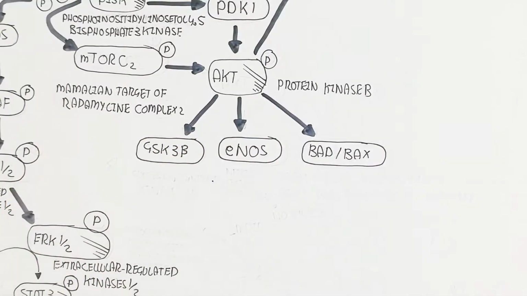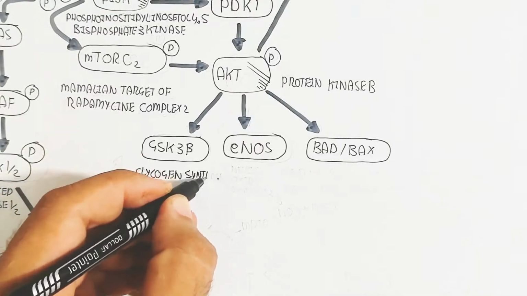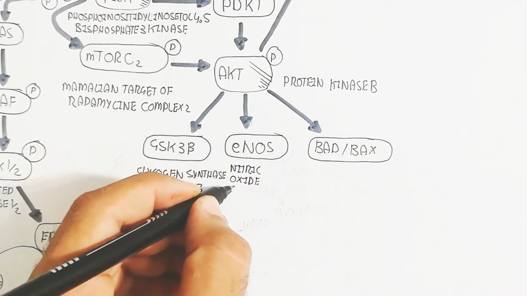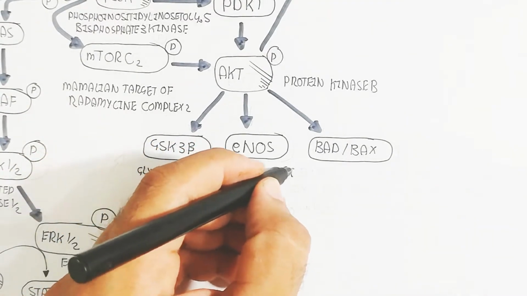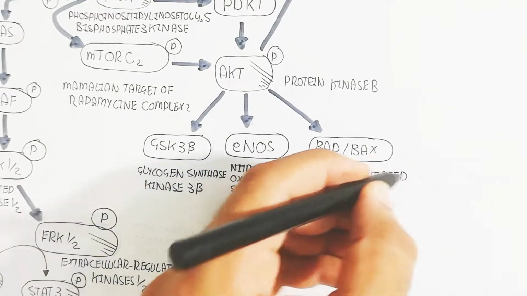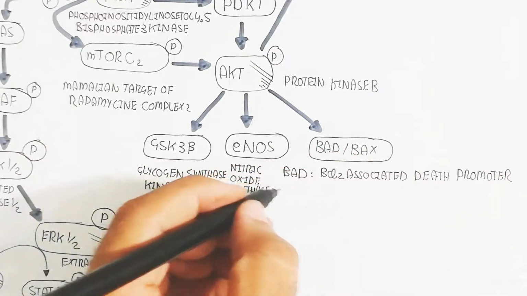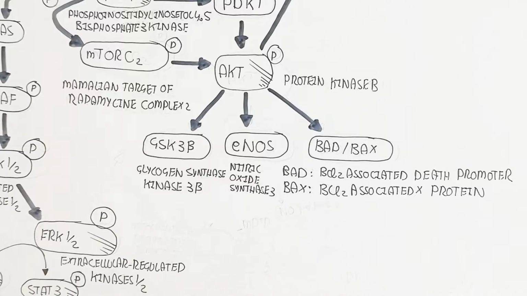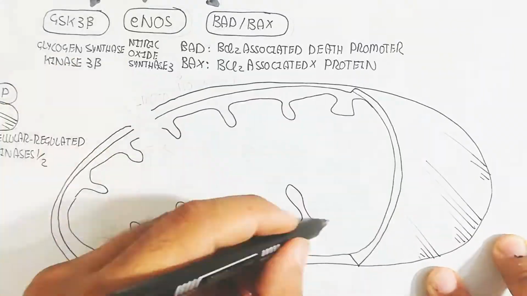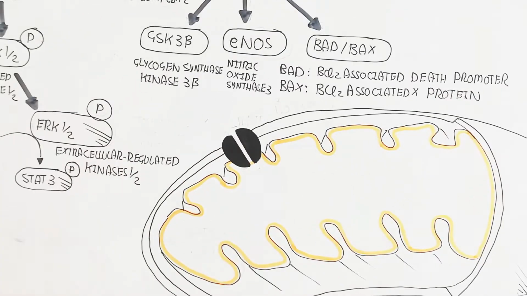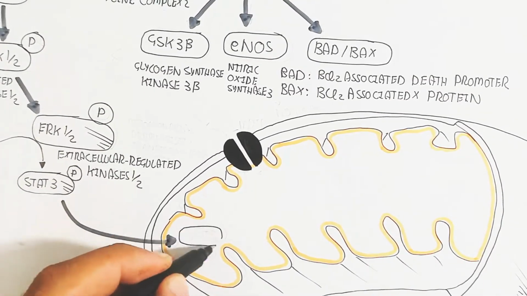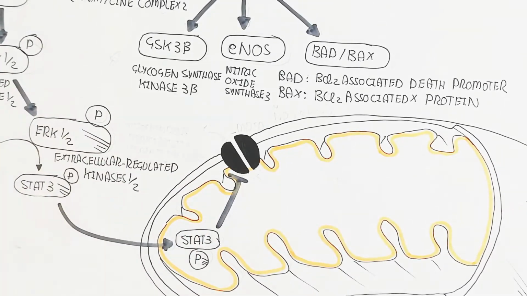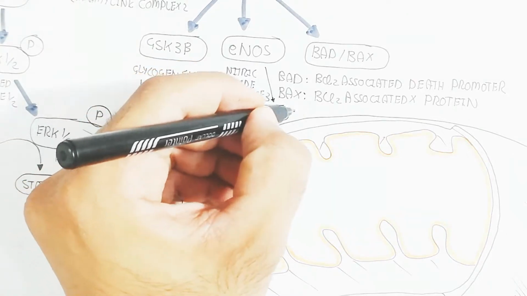AKT will also stimulate glycogen synthase kinase 3 beta and endothelial nitric oxide synthase 3, and on the other hand BAD and BAX. BAD is the BCL2 associated death promoter, while BAX is the BCL2 associated X protein. These are used for triggering or inhibiting the mitochondria. Here is the mitochondria. STAT3 phosphorylation inhibits the mitochondrial permeability transition pore.